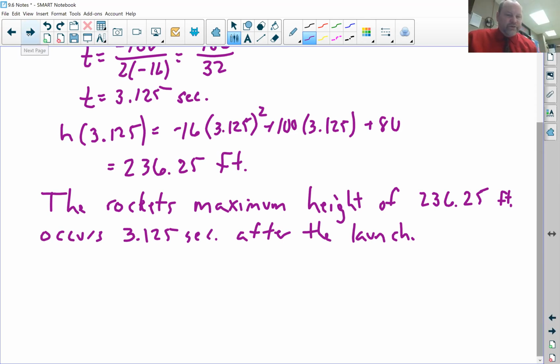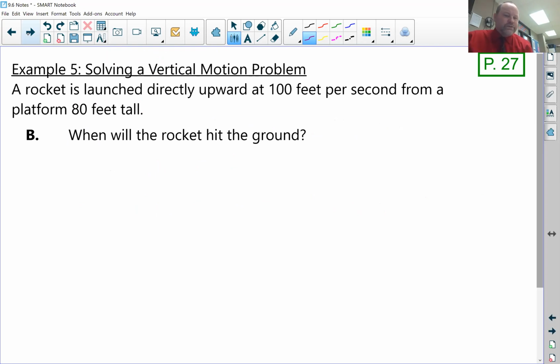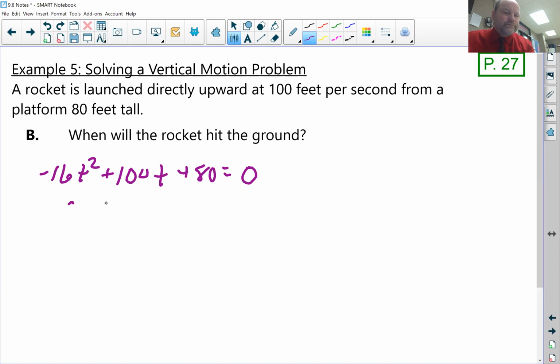The other thing that we can do is find, hey, when does it hit the ground? So now we've got negative 16t squared plus 100t plus 80, and we want to know when it hits the ground, when the height is 0. That's why we can use this equation in the quadratic formula. A is negative 16, B is 100, C is 80.